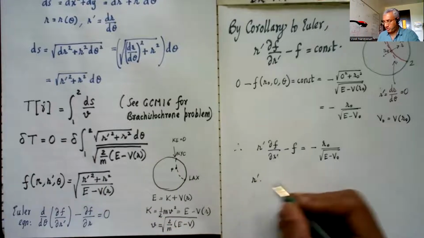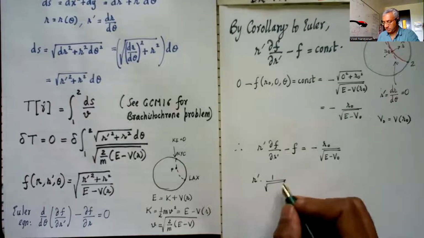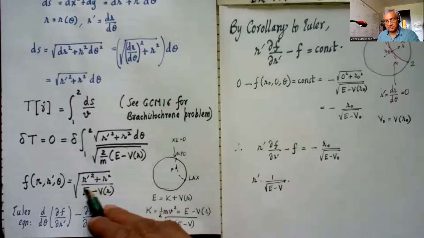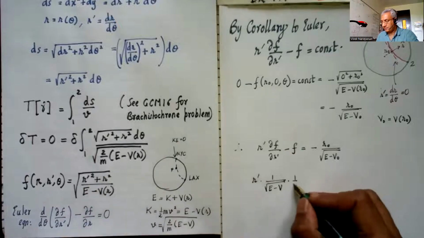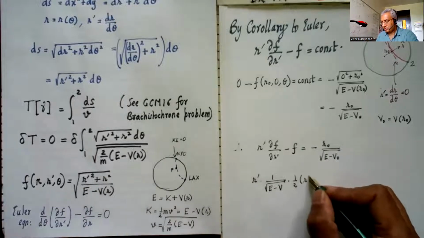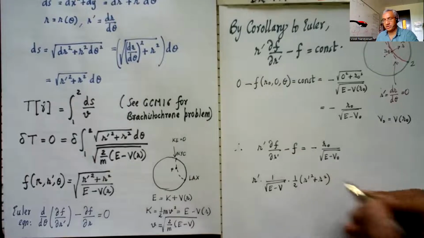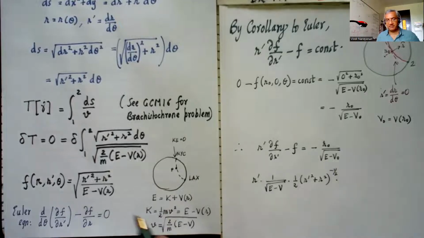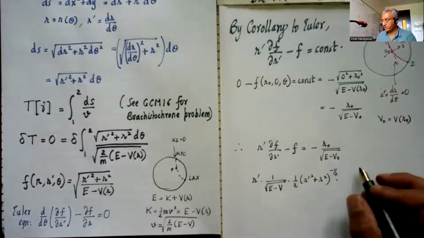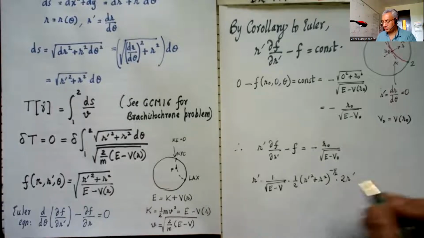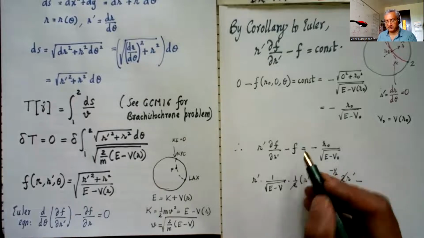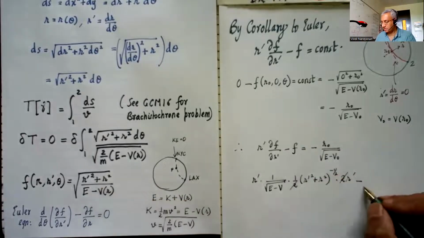So I'll write it as r prime times 1 over the root E minus V times the numerator. So that gives me half r prime squared plus r squared to the power negative 1/2. And then I go inside and differentiate the function. So I get 2r prime. So the half and the 2 cancel out, minus f itself. So that's going to be the whole thing.